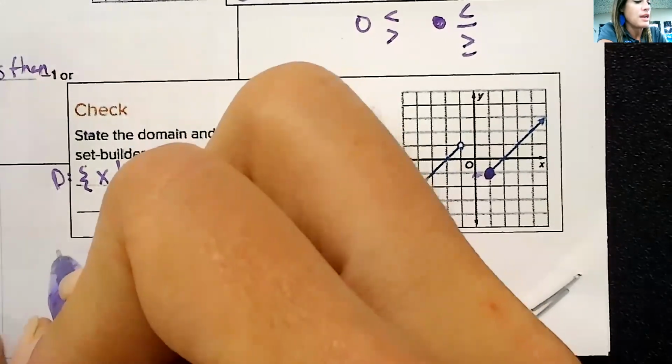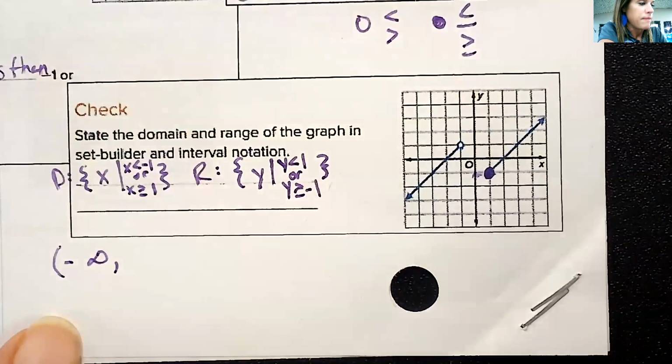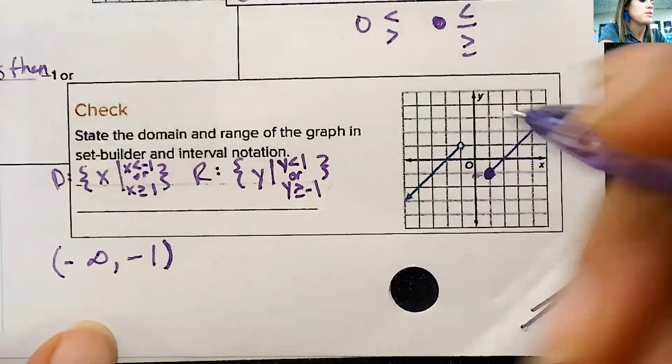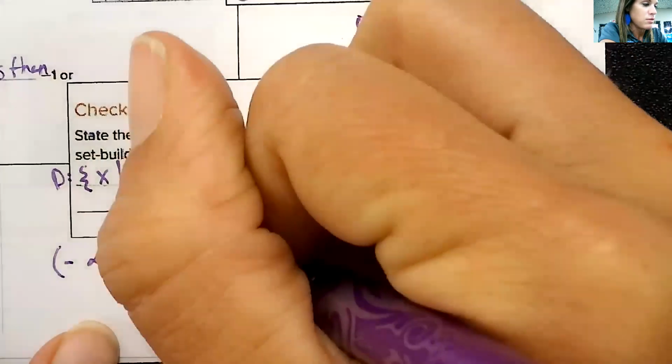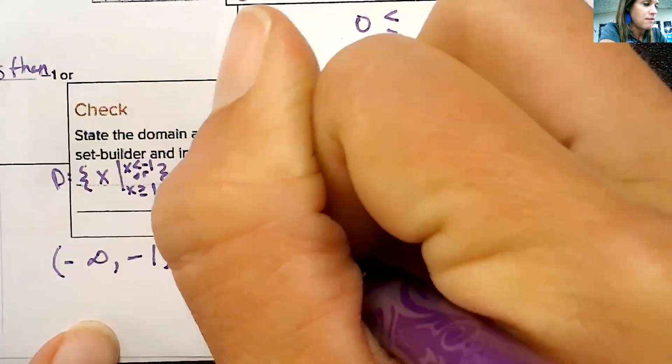So with interval notation, we're going to have from -infinity to -1 with a parenthesis, not a bracket because it's an open circle, joined with, oh, this one's a bracket. It starts at 1 and it goes to infinity.